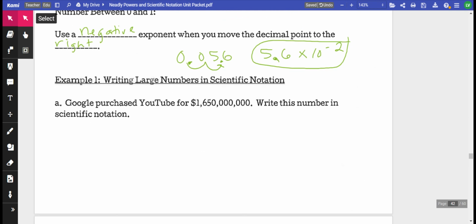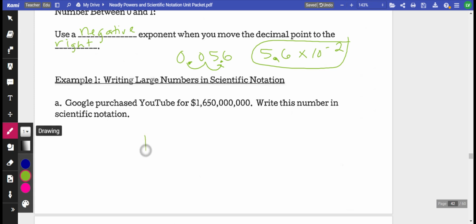So example 1, writing large numbers in scientific notation. Google purchased YouTube for $1,650,000,000. We're going to write this number in scientific notation. So to start, I need to rewrite that whole number again. 1,650,000,000.